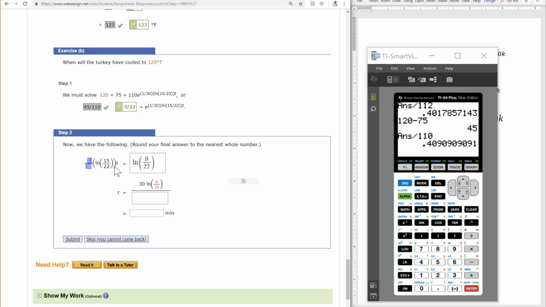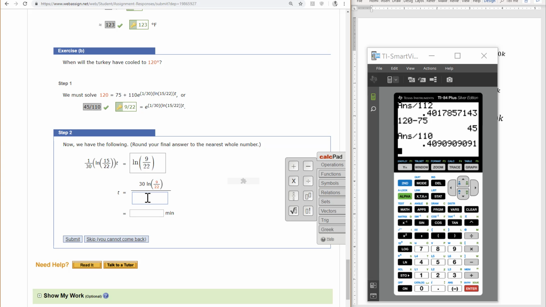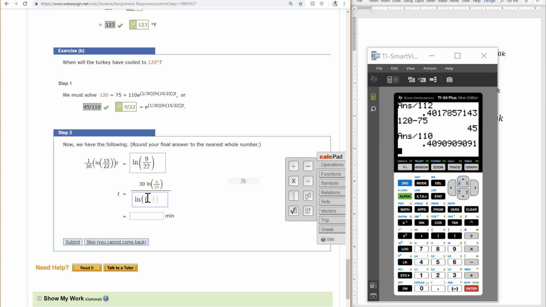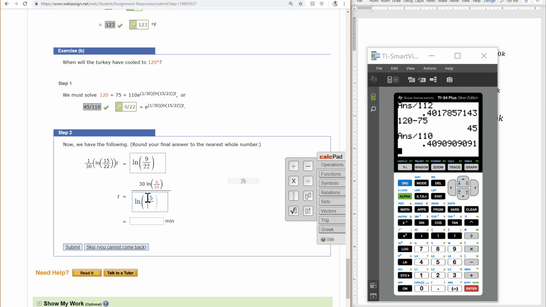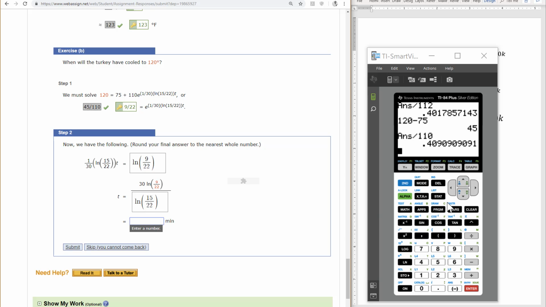And then they're going to divide out by this whole thing, the ln of 15/22.